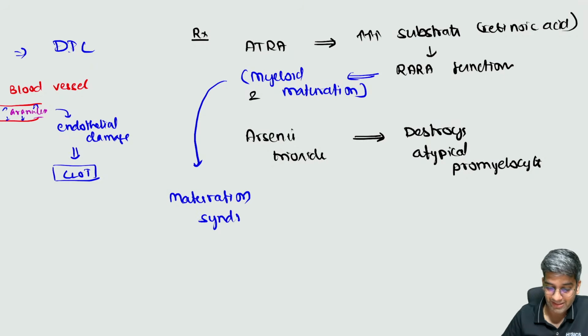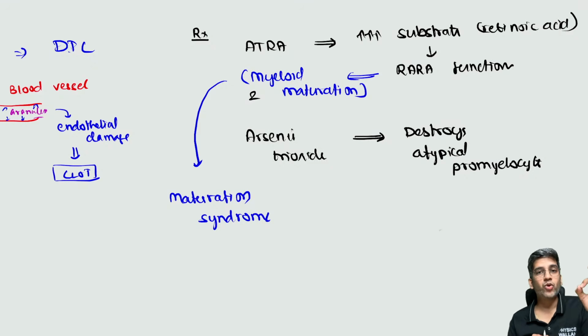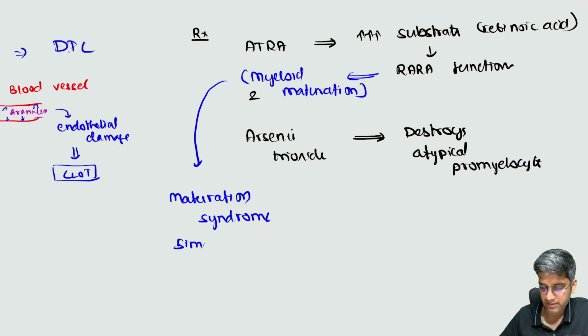Nothing should happen fast. It should be slow and very, very steady, right? Maturation syndrome presents classically like ARDS because lots and lots of activated neutrophils go and clog your capillaries in the lungs and it will mimic ARDS. Okay, it'll be similar to ARDS.